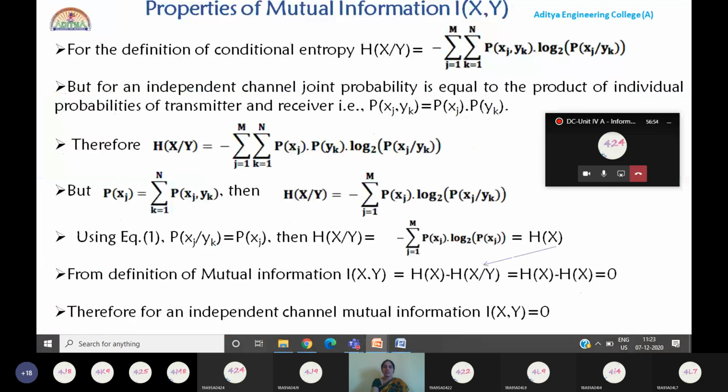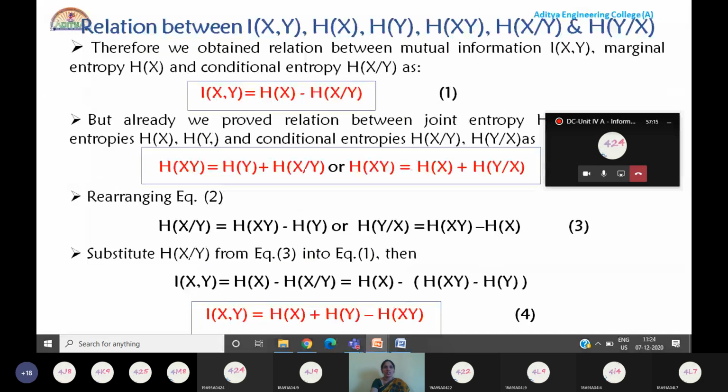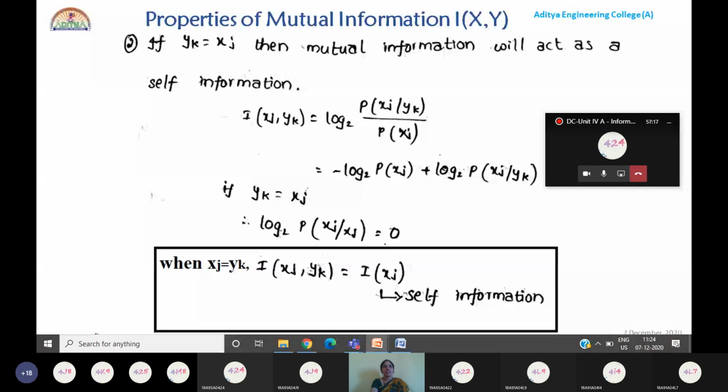So what are the five properties that we have discussed? Mutual information is symmetric in property, so I of xj comma yk is I of yk comma xj. And what is the second property? Let us go through the second property. We have defined that mutual information will act as a self information when yk is equal to xj.